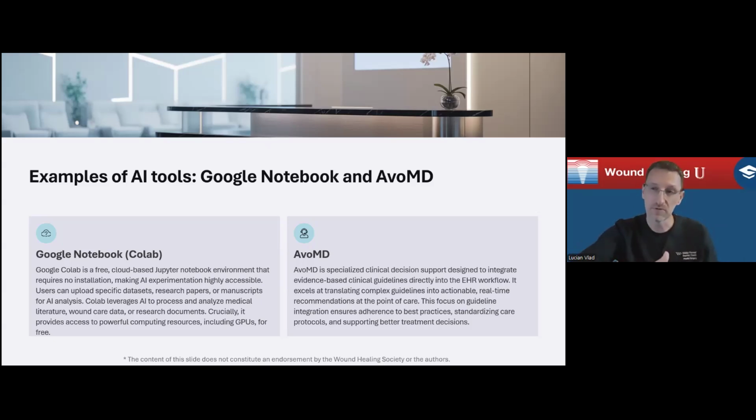So we put into this Google Notebook all of the guidelines that we can find about standard of care, and we try to make sense of them, but we couldn't as clinicians come to streamlined conclusions. And the system is spitting out some standard of care broadly across some categories. And now we're trying to create a Delphi process to validate this recommendation. So that's some interesting work that's going on in the background here.